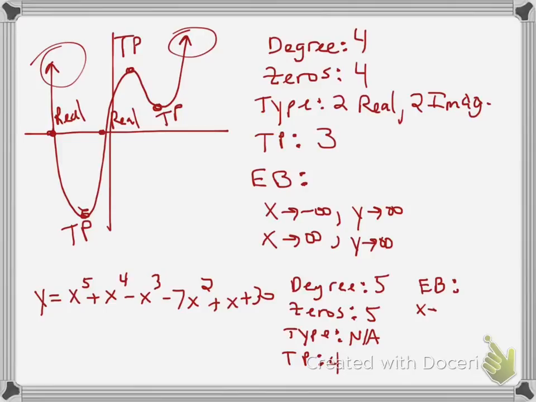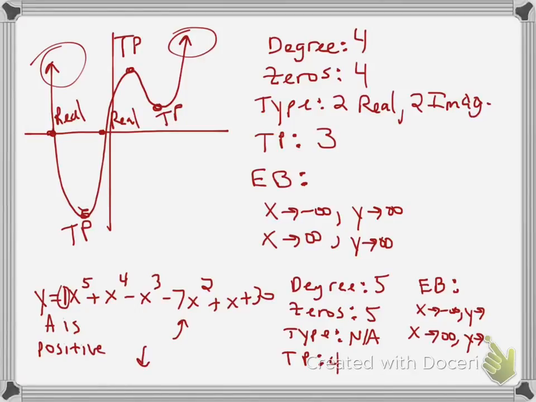Now, our end behavior. It is odd. So now we have to determine what is happening based off of this. Since it is odd, but your a value right here is positive, that means my right side is increasing while my left side decreases.